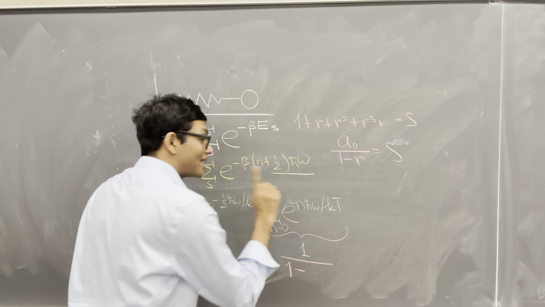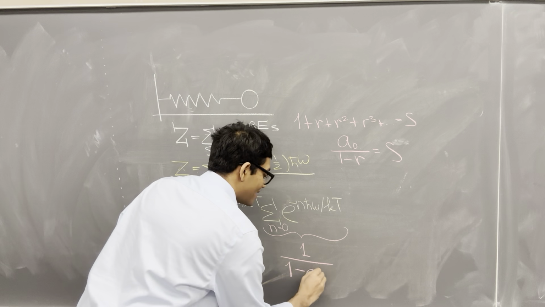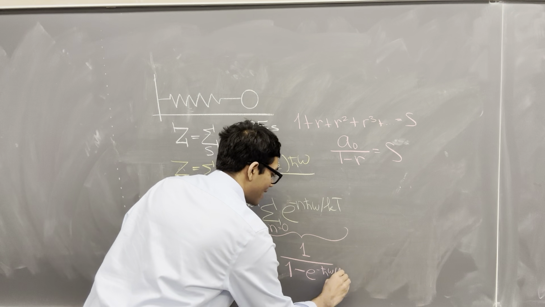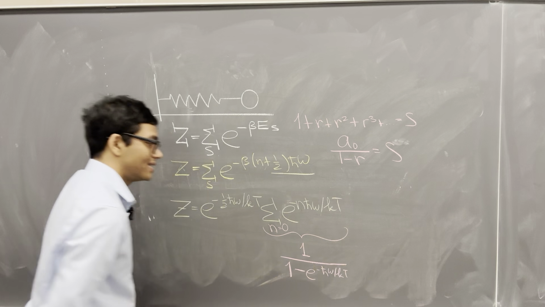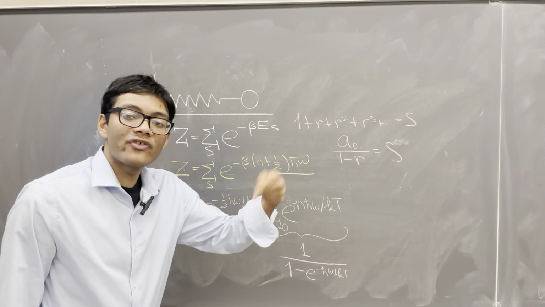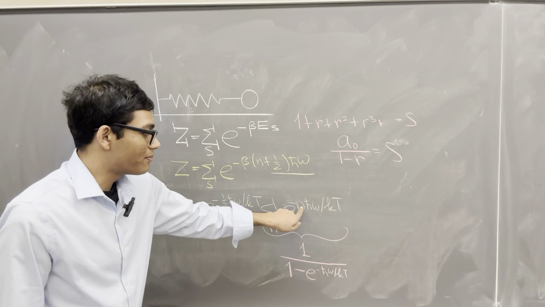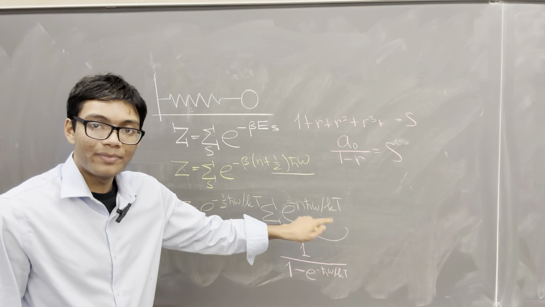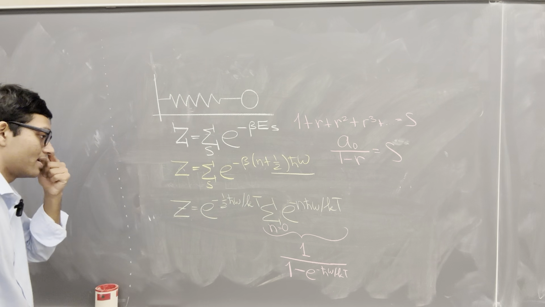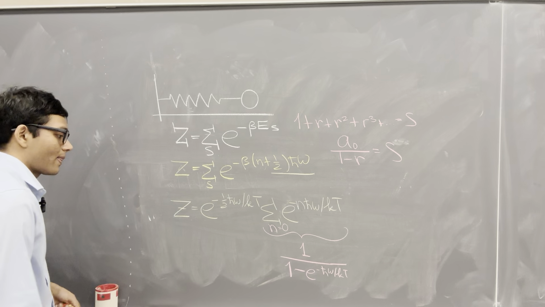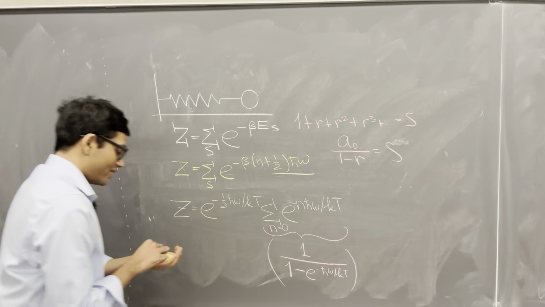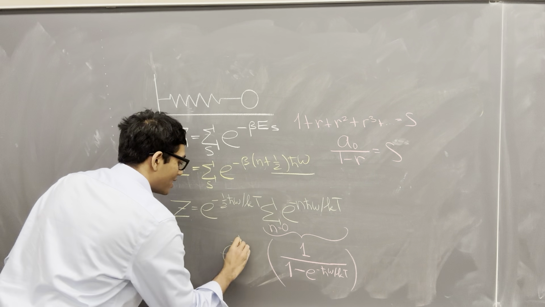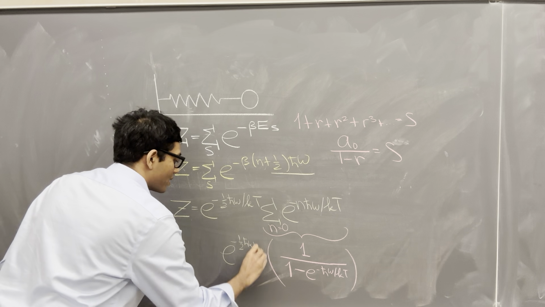It's simply e to the, be careful, e to the minus h bar omega over kT, not n h bar omega over kT, because you multiply each additional term by e to the minus h bar omega beta, but that n doesn't come into play. And I multiply all of this by e to the minus 1/2 h bar omega beta.